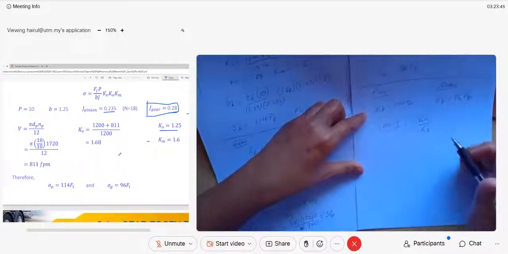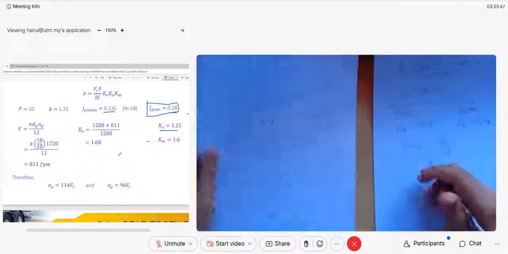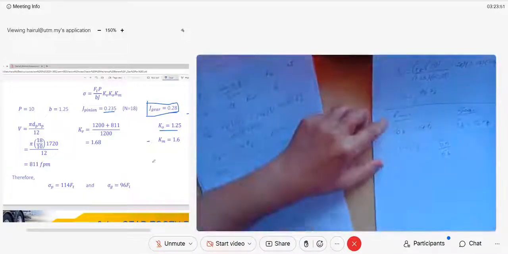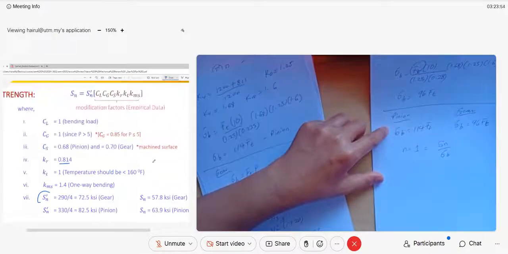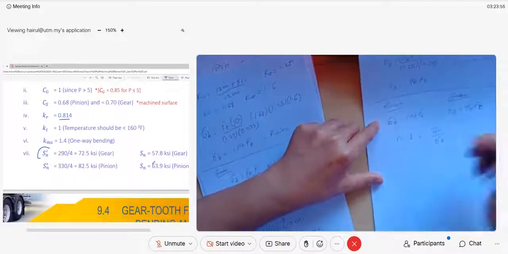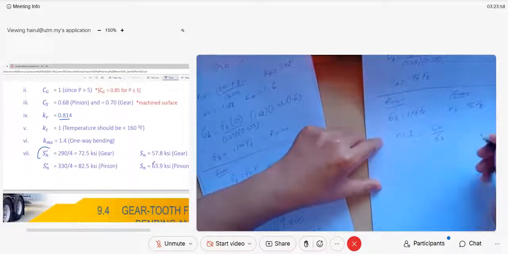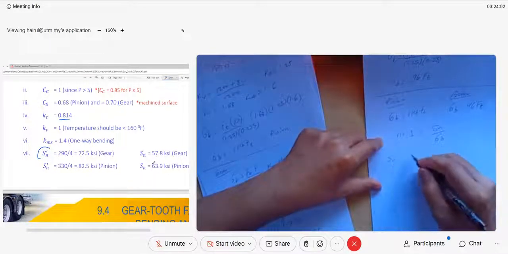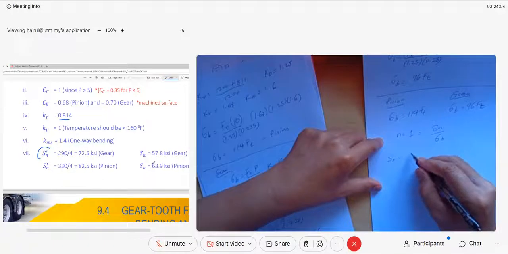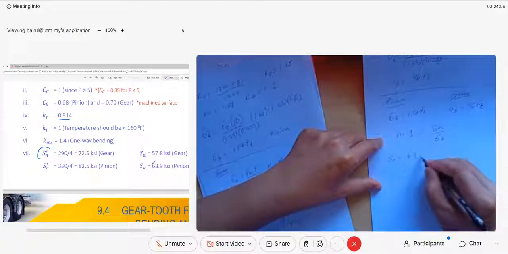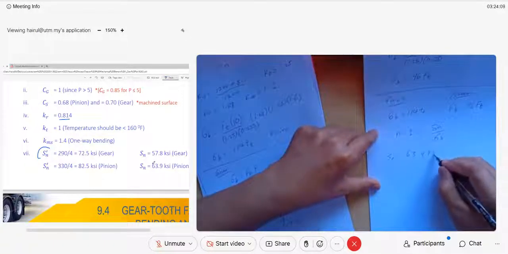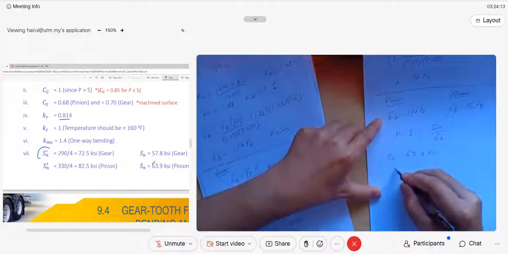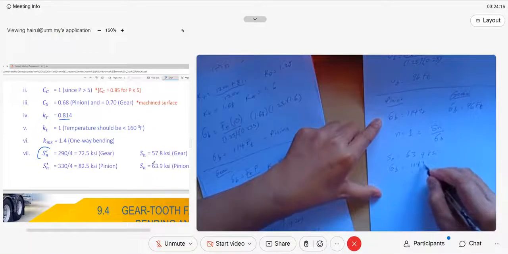First for the pinion. We know that SN was already calculated just now. SN for the pinion is 63.9 KSI, and the sigma bending for the pinion is 114 FT.